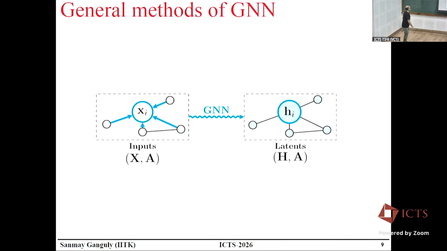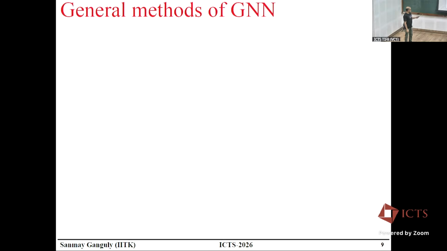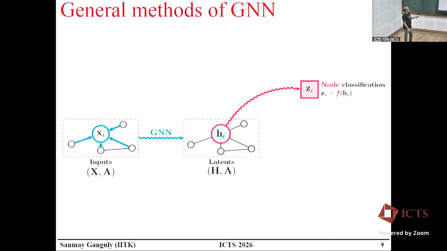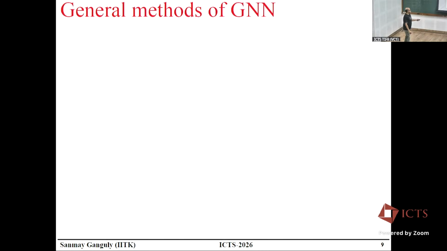So a graph, as you saw from the earlier picture, has a bunch of nodes and neighboring nodes. You can gather that information, update the representation at node level, and then perform all possible machine learning tasks, either at the node level, edge level, or on the graph level itself.